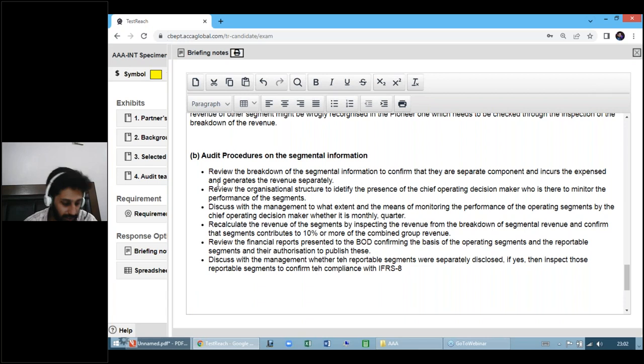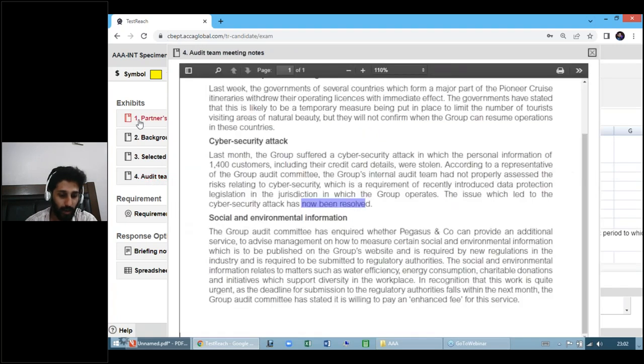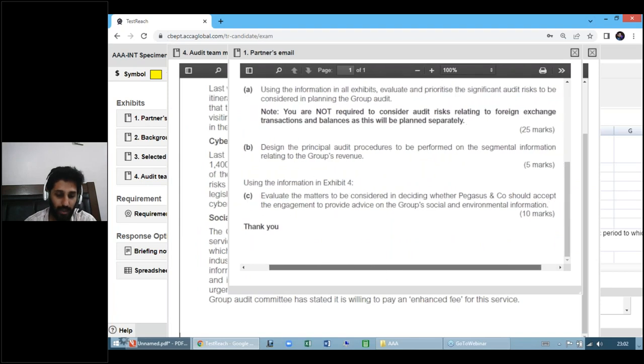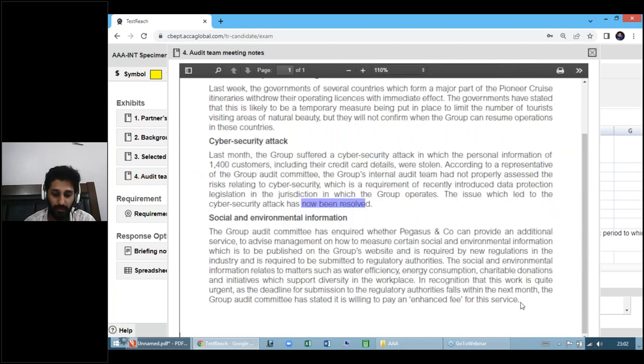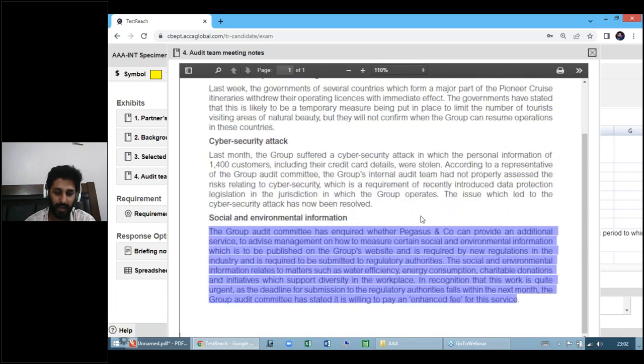Now part C is there, and we have sufficient time to discuss part C as well. What's the requirement? The requirement here is to evaluate the matters to be considered in exhibit number 4, and I'm giving you just 1 minute to read this paragraph, please.